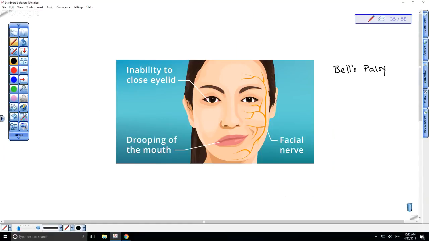And so it simply is not due to a stroke, right? So we'll put not stroke. So that would be the central nervous system. But it is due to inflammation around the facial nerve.